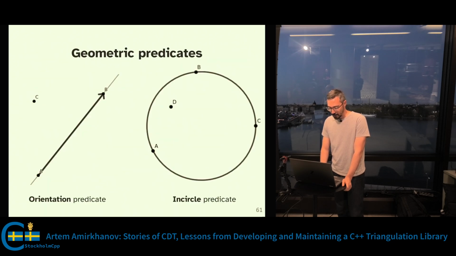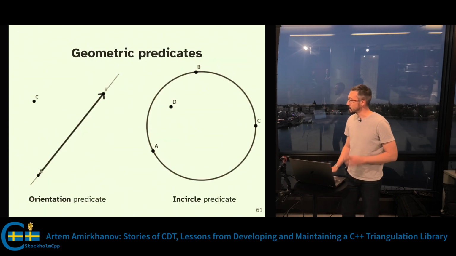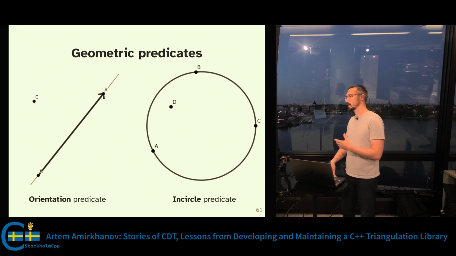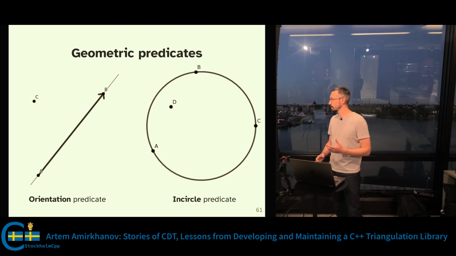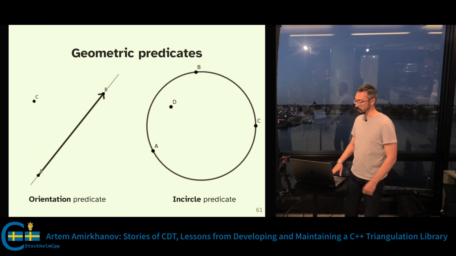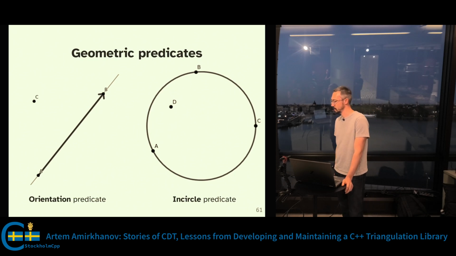Robustness. So there is something called geometric predicates, and predicate here is in a slightly more general sense. It's not producing a Boolean as a result, but an enumeration. In geometry, predicates take geometries and classify the way they're arranged towards each other.